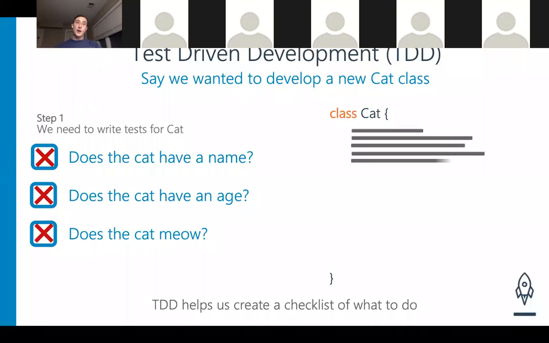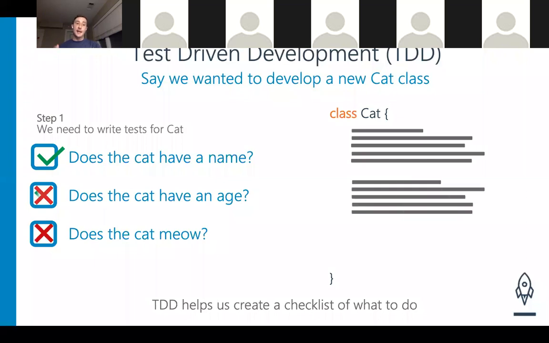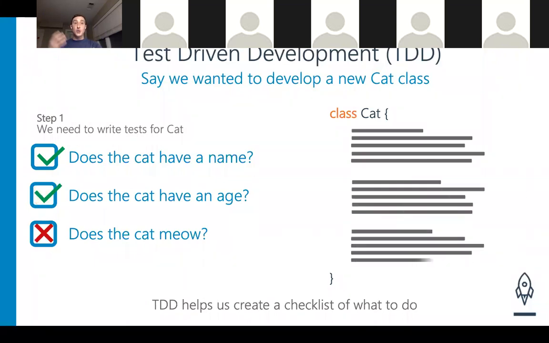And as you actually write the code, it will continuously start passing those tests. So as you write this cat class, you should get less and less failing tests until the very end, all of your to-do list, all of your tests, are passing. This is the essence, the bare basics of TDD and why we do it.